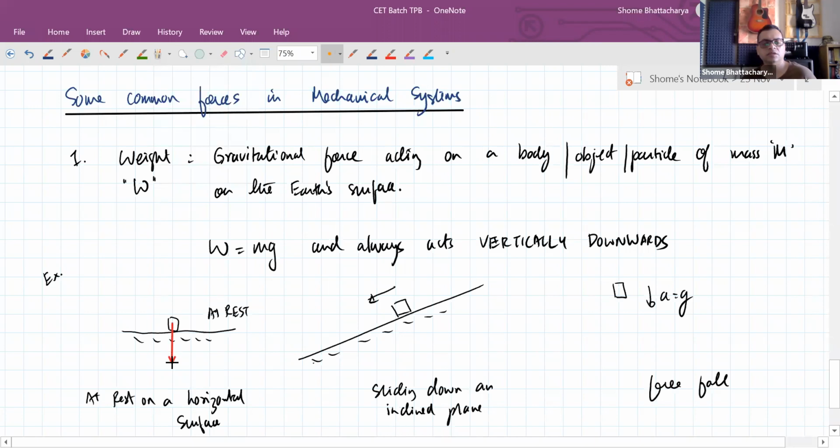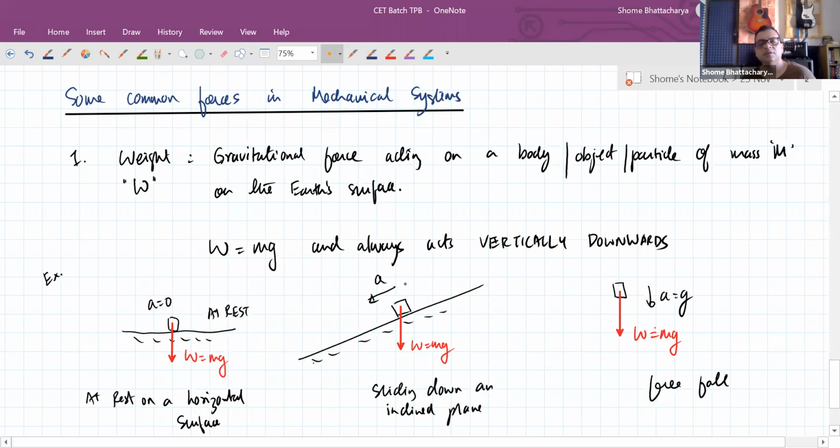So in all these cases, in this case its acceleration is zero.